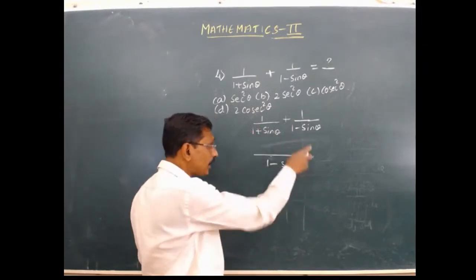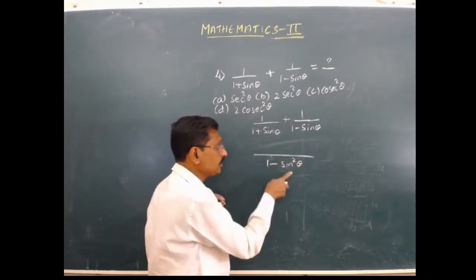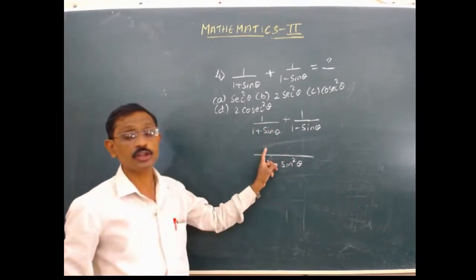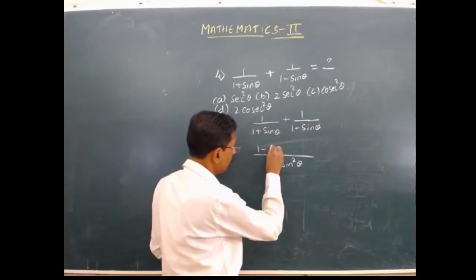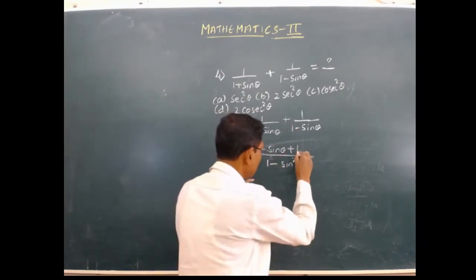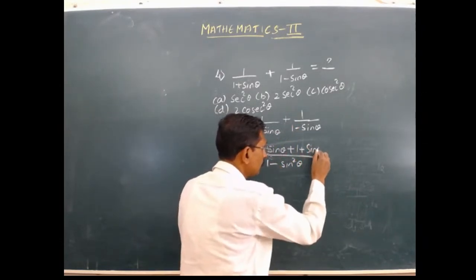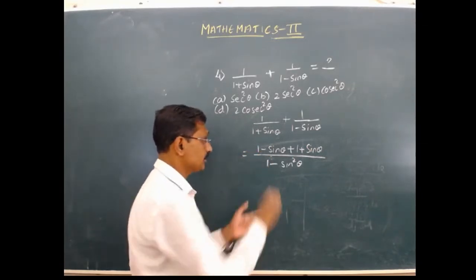Now when I have done this, it is like an LCM to me. A minus B, what is not here, I will put here, and what is not there, I will put on that side. So 1 minus sine theta plus 1 plus sine theta. So what is gone and what is left?